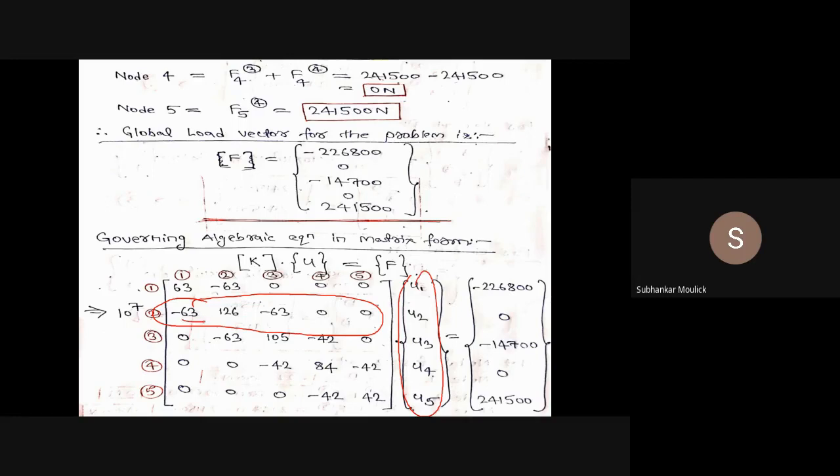This is minus 63 into u1 plus 126 into u2 minus 63 into u3 plus 0 into u4 plus 0 into u5 equal to 0.